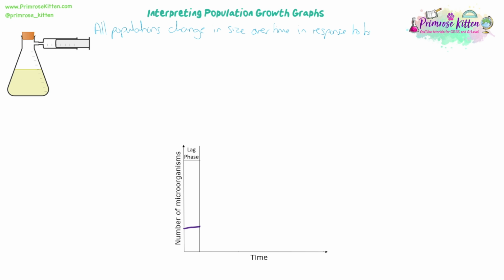The changes in a population in response to those factors are very important, and we can use certain setups, experiments or models to show how most populations change over time. Most of them will follow the same pattern, which we call a sigmoid or S-shaped curve, which we'll look at in a minute, and that can be broken up into various stages.